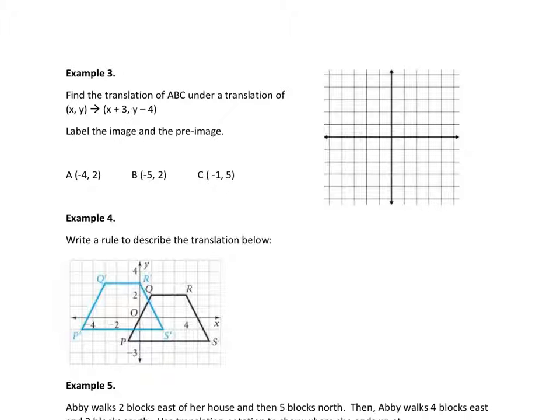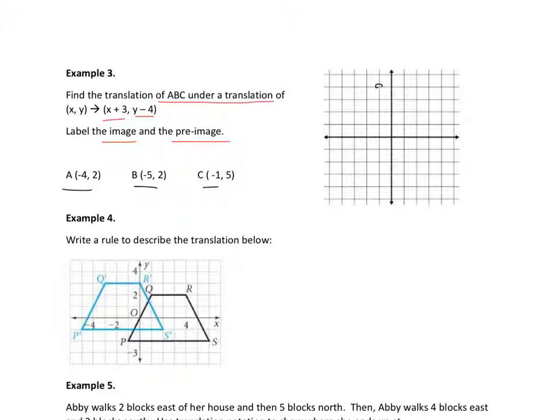Find the translation of ABC after x plus 3, y minus 4. Label the image and the pre-image. So I'm going to label ABC first. A is negative 4, 2.